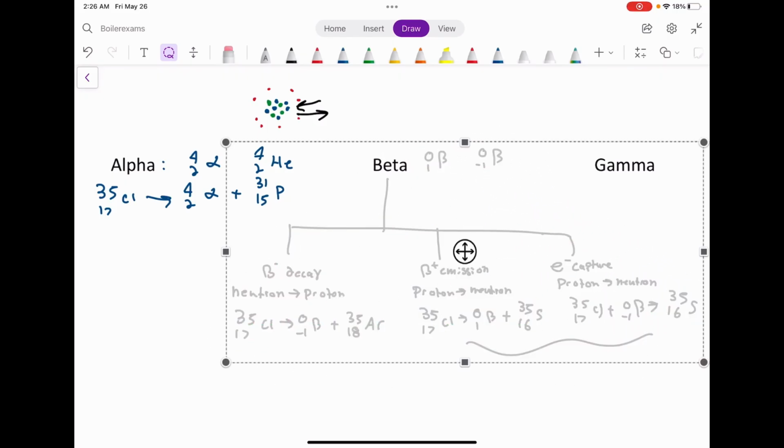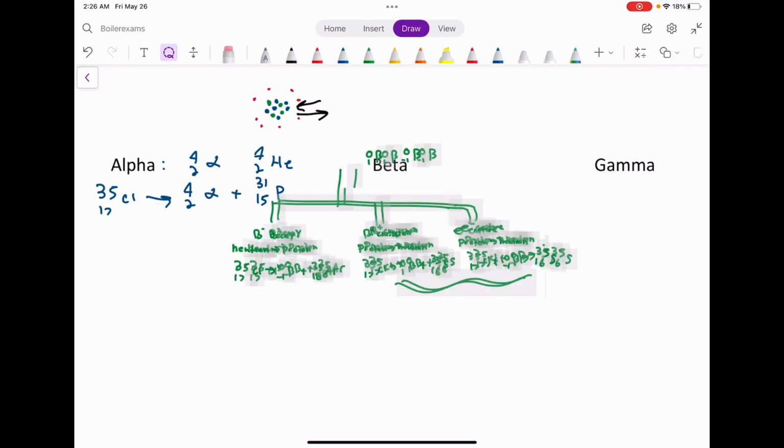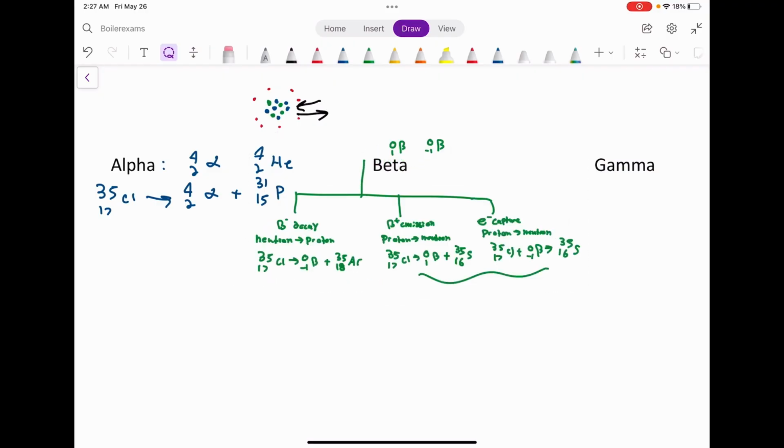Let me make this just a tad smaller so we can see gamma. Okay. A gamma particle is just a photon. So it has a 0 mass number, 0 atomic number. And this just happens in excited atoms and they lose a photon.